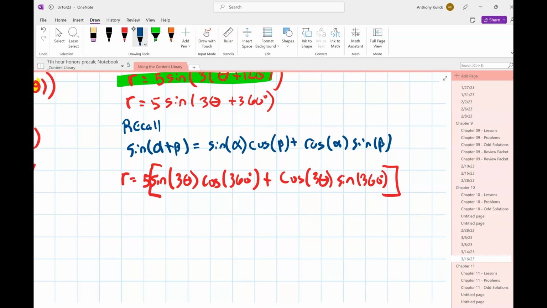If I go to my unit circle, cosine 360 is 1, and sine 360 is 0. Which means this whole piece cancels out, and I'm left with just 5 sine 3 theta, which is what we're supposed to end up with. Is everybody okay with that? What was the first thing you did?